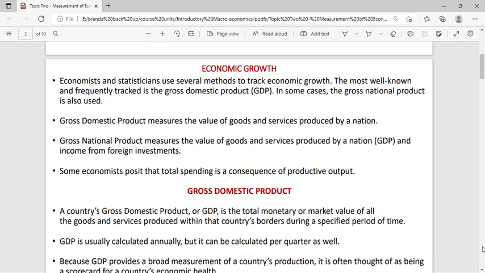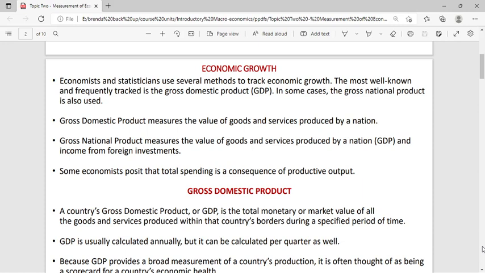So for gross domestic product, we look at the value of goods and services produced within the boundaries of a particular country, regardless of whether those products are produced by nationals or foreigners. But as long as those foreigners are within the country, their products are also included as we are calculating the gross domestic product.